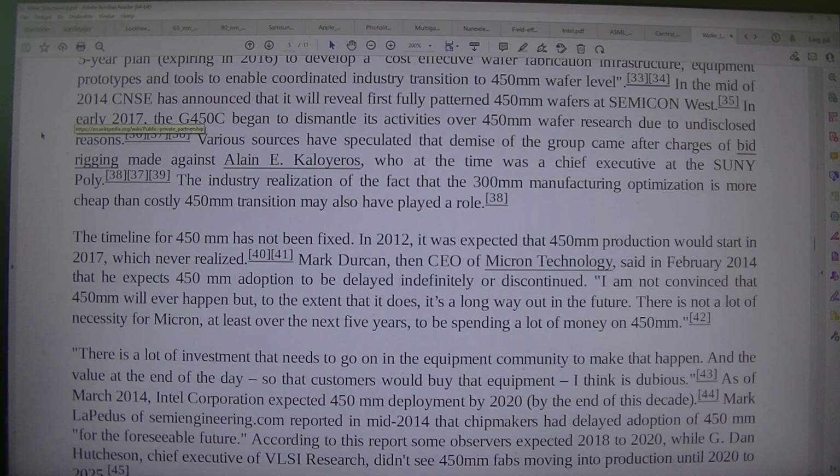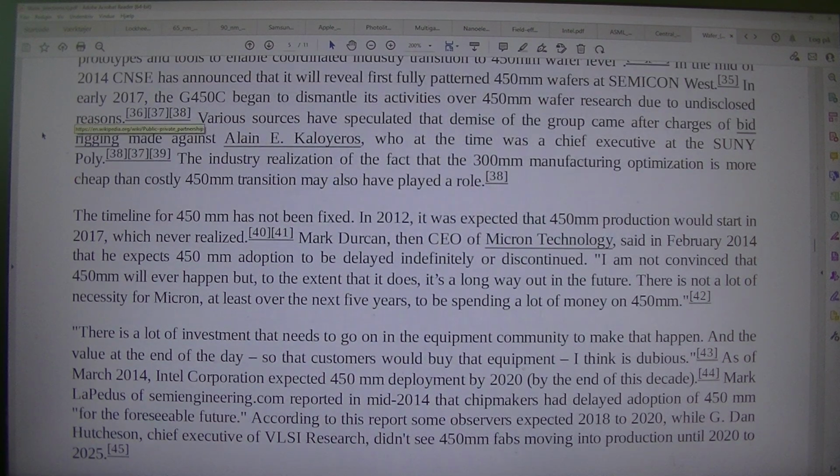Various sources have speculated that the demise of the group came after charges of bid-rigging made against Alain Kaloyeros, who at the time was chief executive at SUNY Poly. The industry realization of the fact that 300 mm manufacturing optimization is cheaper than the costly 450 mm transition may also have played a role.